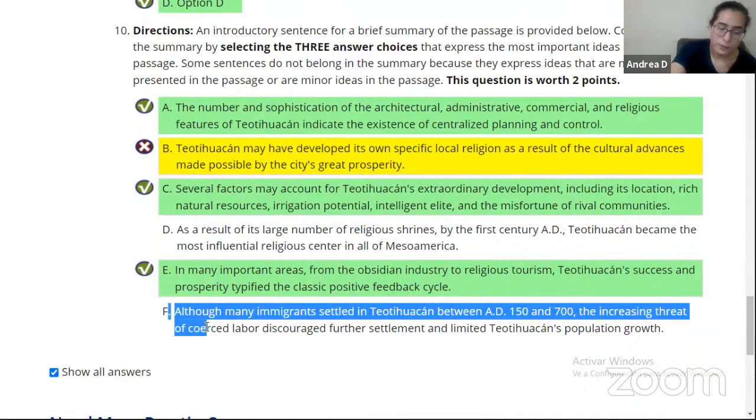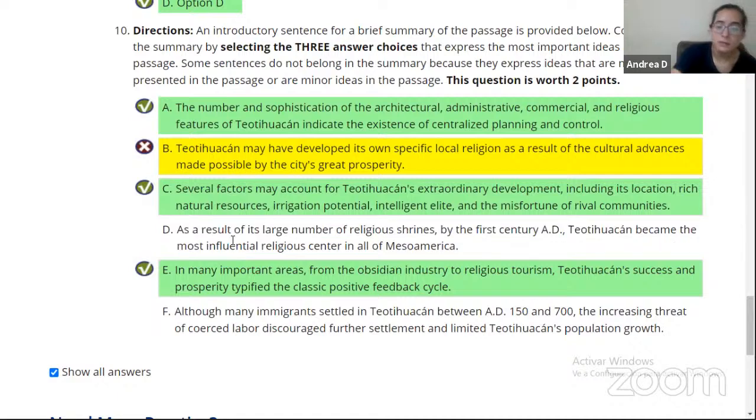No, it was about the development of Teotihuacan. So not F. The same happens with D, right? This is mostly about religion. So as a result of its large number of religious shrines, by the 1st century AD, Teotihuacan became a religious center. Again, this is not about Teotihuacan's religion, but its development in many different areas. Religion, architecture, probably, I don't know what else.